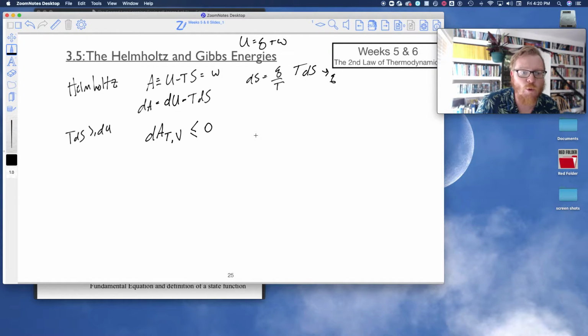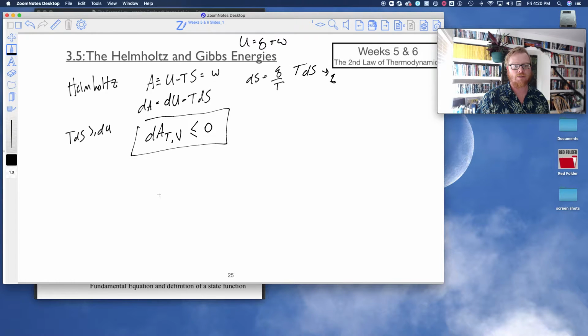The reason for the constant volume is because at constant volume, work will be equal to 0, okay? And if dU has to be negative for that spontaneous process, then at a minimum, dA at constant T and V has to be less than or equal to 0 for a spontaneous process, okay?